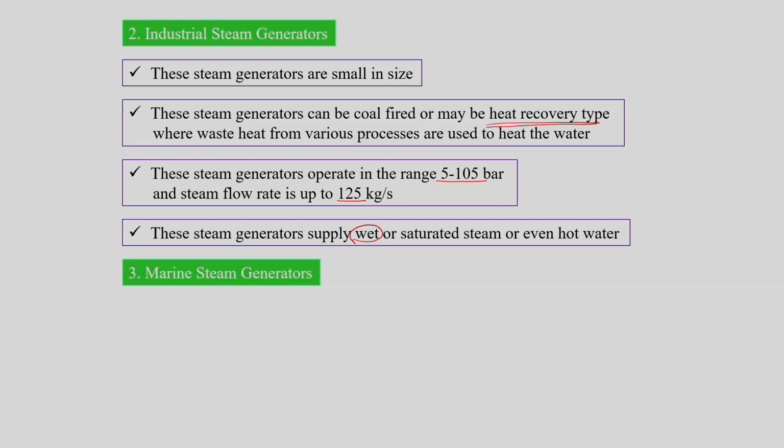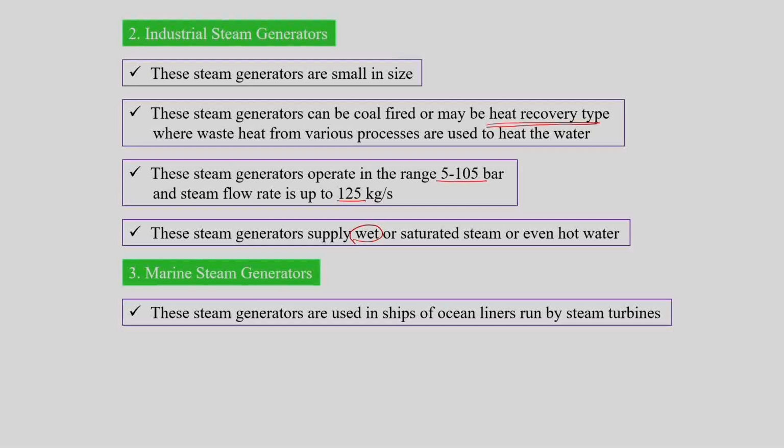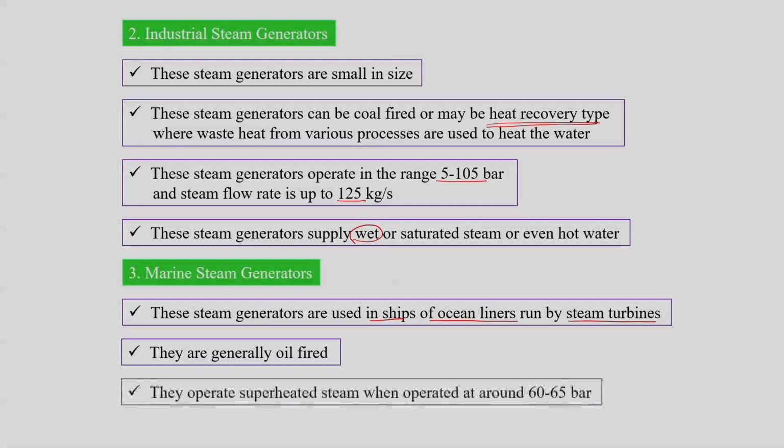Then we have marine steam generators. These are mainly used in ships or ocean liners, where steam turbines basically drive the ship. Generally they are oil fired, and they may operate with superheated steam at pressures of 60 to 65 bar.